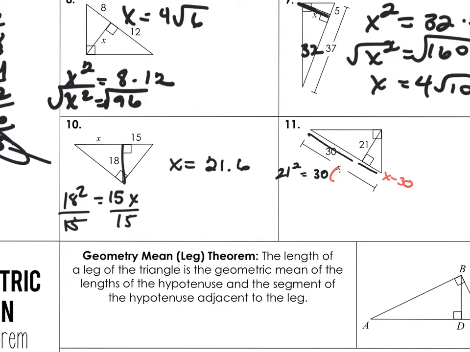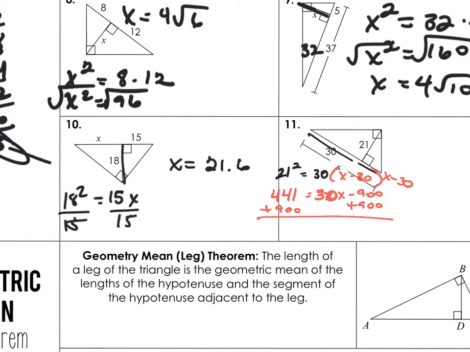So I could say times x minus 30. Then I would start doing the math there: 21 squared is 441, and then 30x minus 900. Then I would use algebra to finish solving that.